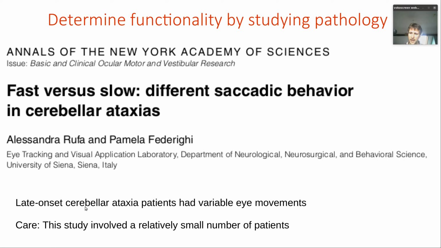One particular take home from the paper is that late onset cerebellar ataxia patients had variable eye movements, much more variable than normal. But you do have to be a bit careful of this one because it was only, I think, 8 patients with one disease and 10 with the other. But that's another way of looking at what a brain region contributes to function.